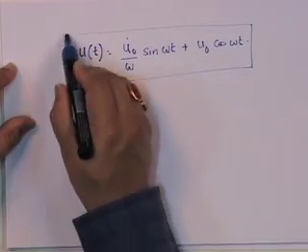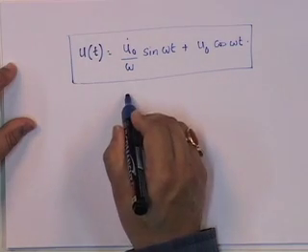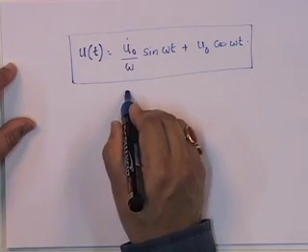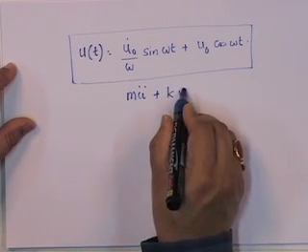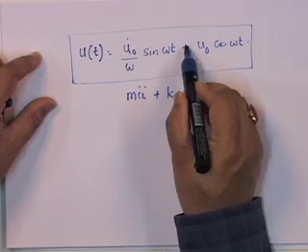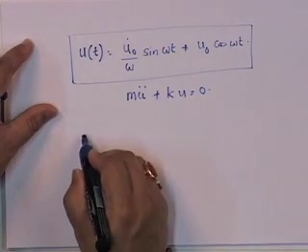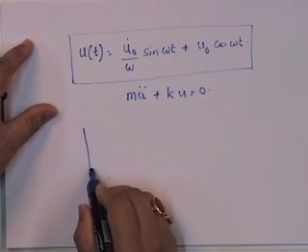This is the complete solution to this equation. If you look at this term, what does it look like? How does it vary with time t?